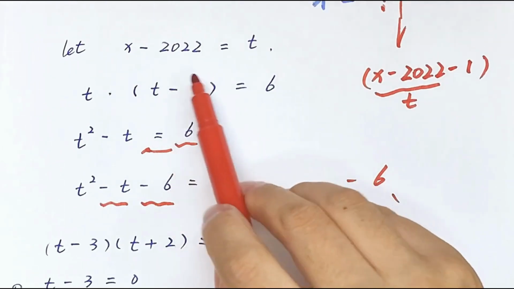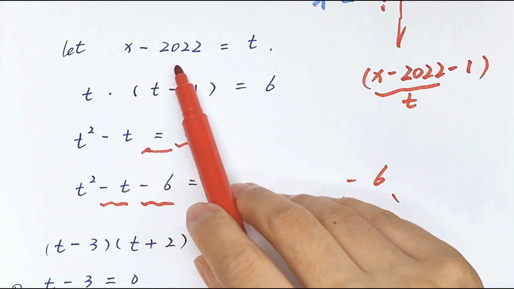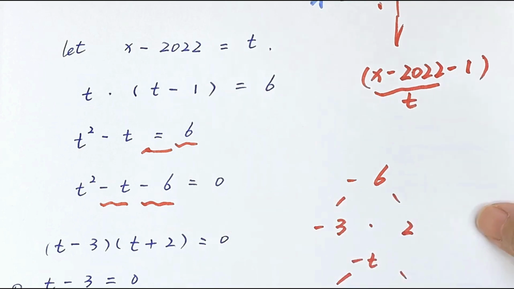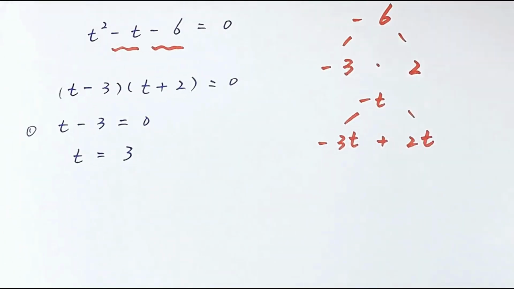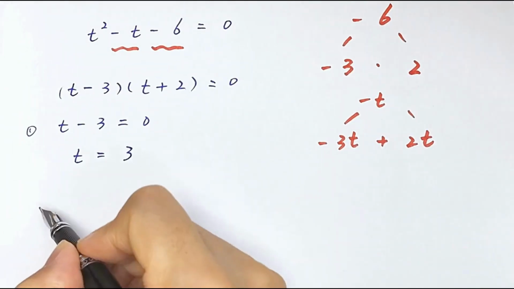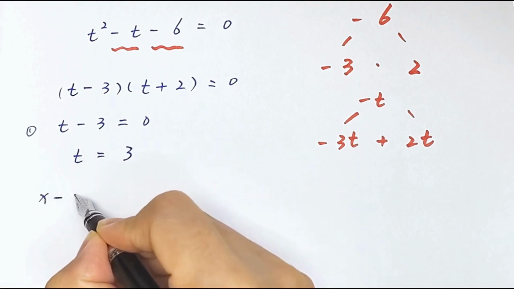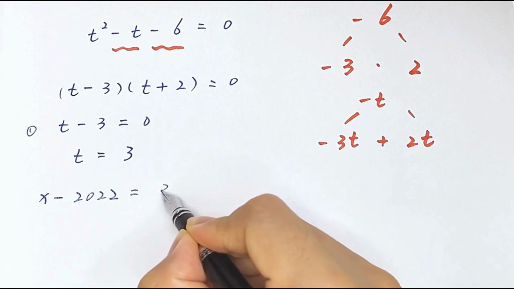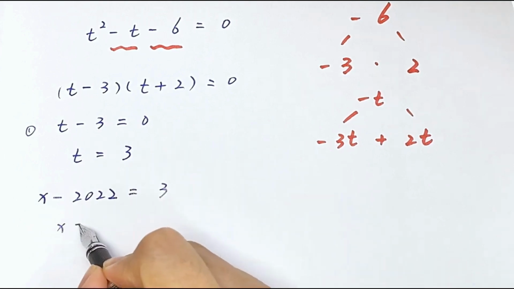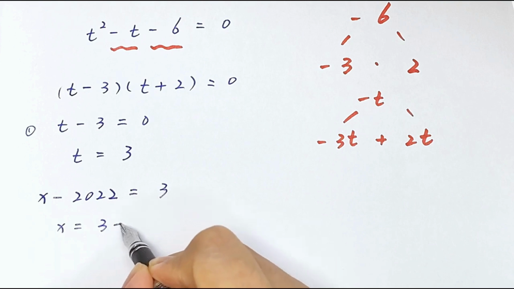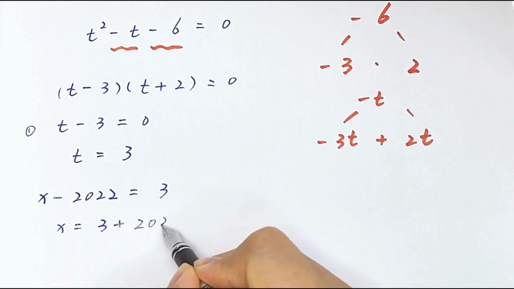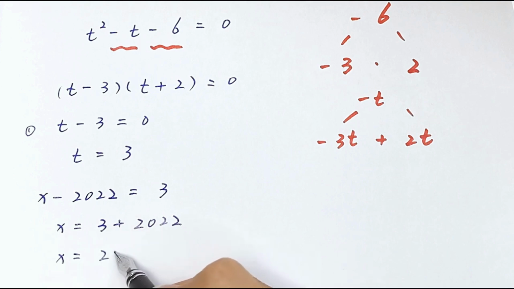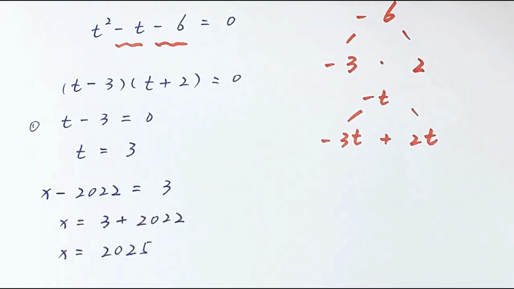Because we let x minus 2022 equals t. Now t equals 3, so x minus 2022 equals 3. So x equals 3 plus 2022, x equals 2025.